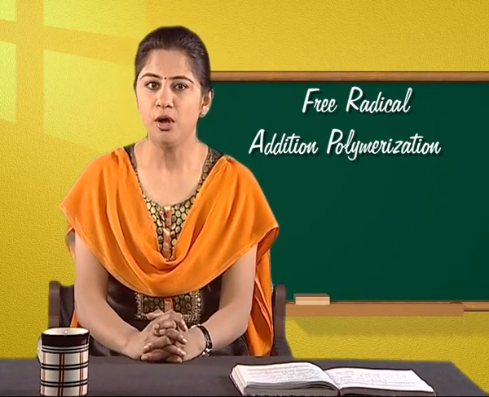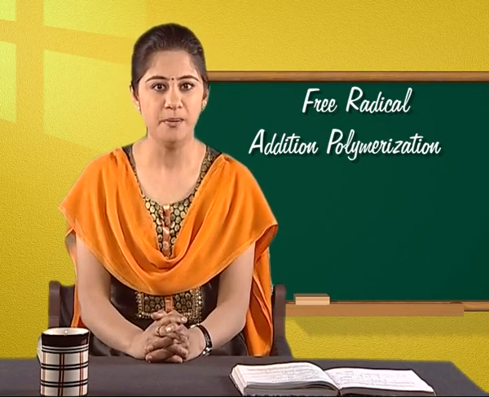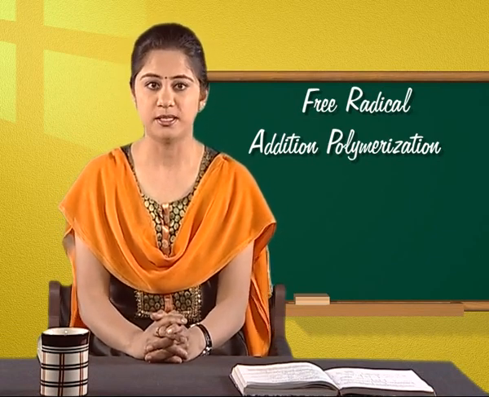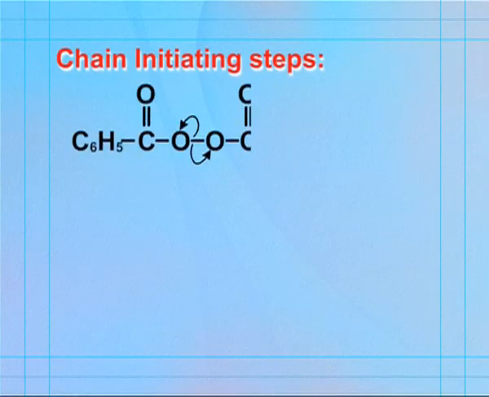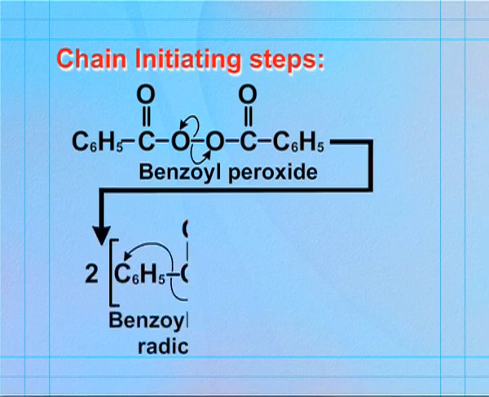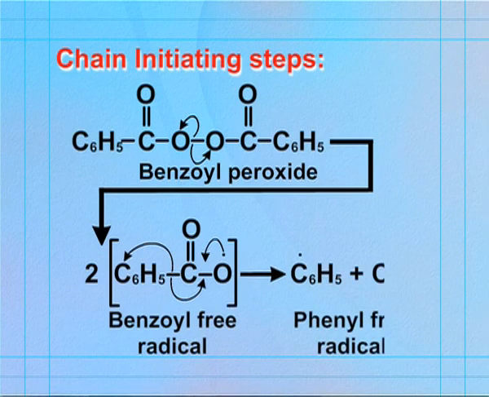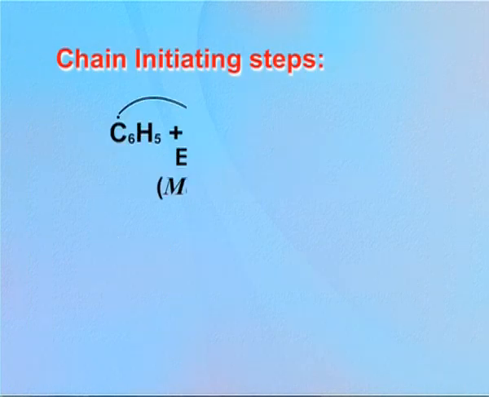These initiator molecules readily decompose on mild heating to form initiator free radicals. For example, benzoyl peroxide on heating produces phenyl initiator free radicals. The phenyl free radical thus formed adds to the double bond of the ethene molecule to form a new and larger free radical. This is called the chain initiating step.